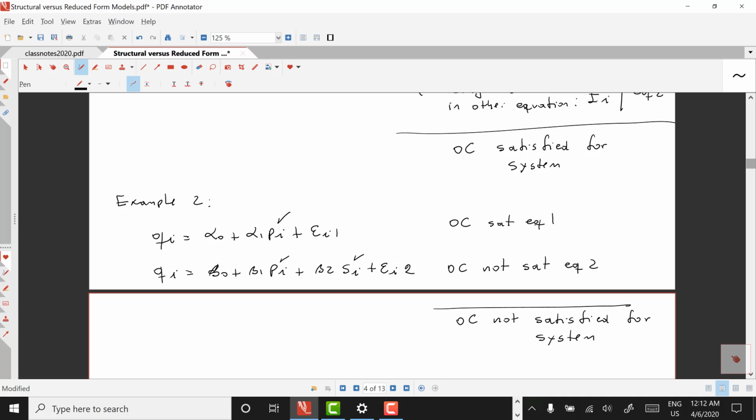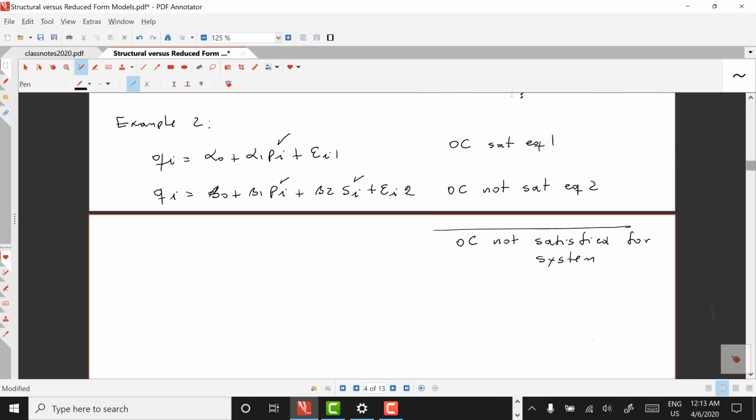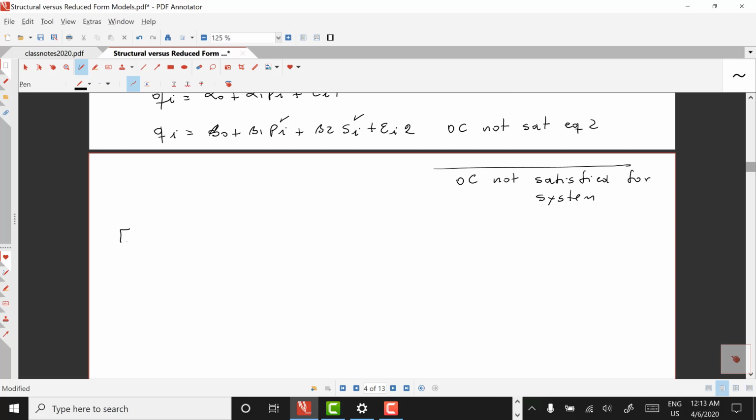Okay? So I'm going to give you an example 3, but I'm going to let you think about it. Then maybe we can discuss it. I'm going to give you this system, and then you have to think if the other conditions are satisfied. So think about the system.